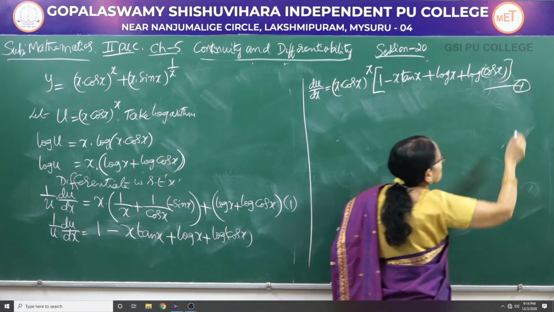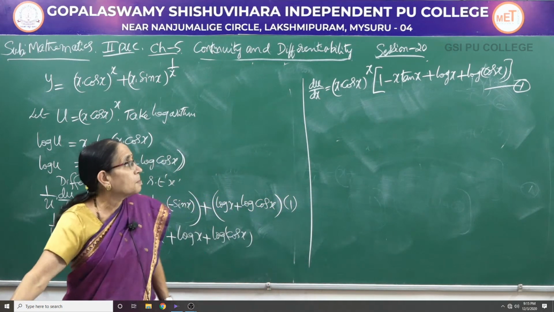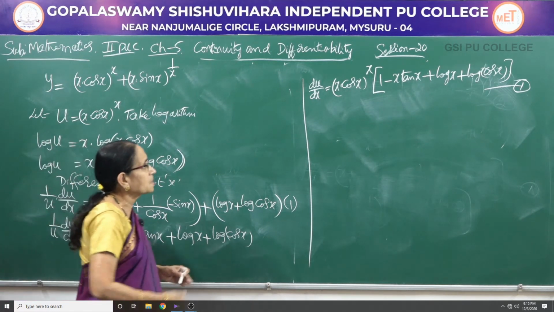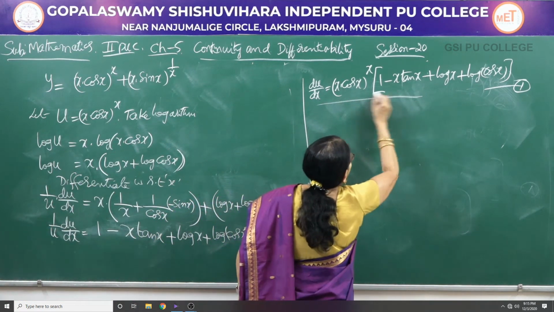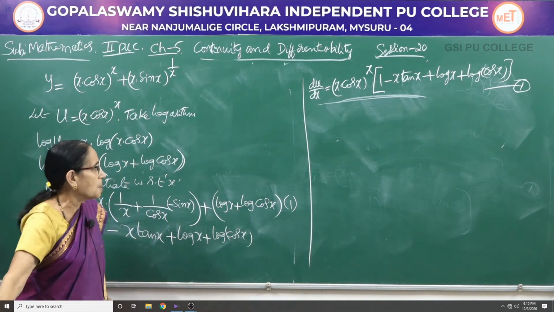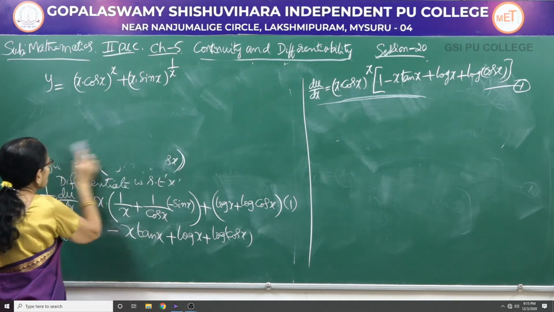Now take it as result 1. This is the derivative of the first part of the problem. Then again the same calculation we have to do for the second part of the function also. Let me consider the second part here.